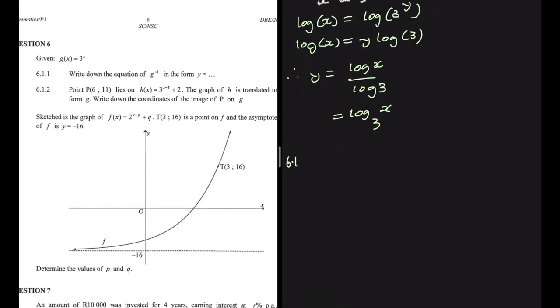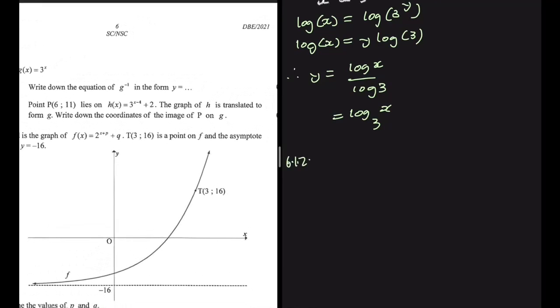And 6.1.2 is saying that point P of coordinates 6 and 11 lies on h of x. So we have h of x, which is equals to 3 to the x minus 4 plus 2, right? The graph of h is translated to form g. So we're translating h of x to form g.